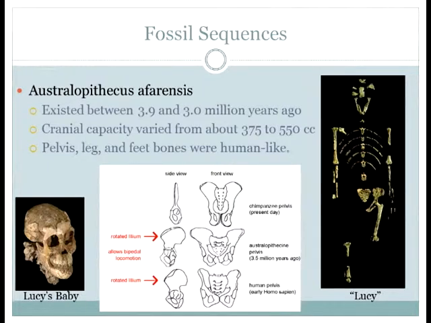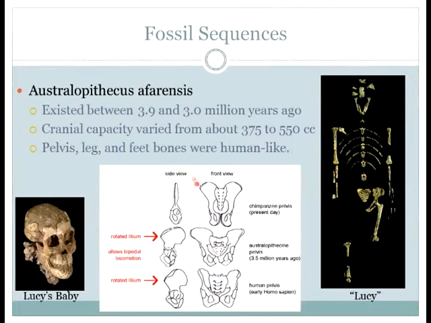Now, let's look at the Australopithecine pelvis. It's more like a saddle and curved, very much like a human pelvis. Here we see the human pelvis. We have what's called a rotated ilium, which is that curved area, much like a saddle, that houses the upper body and keeps it upright.